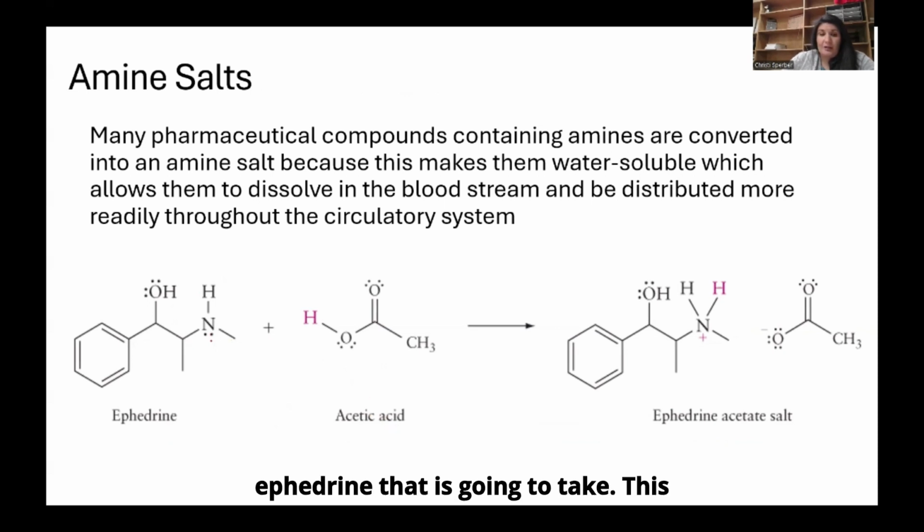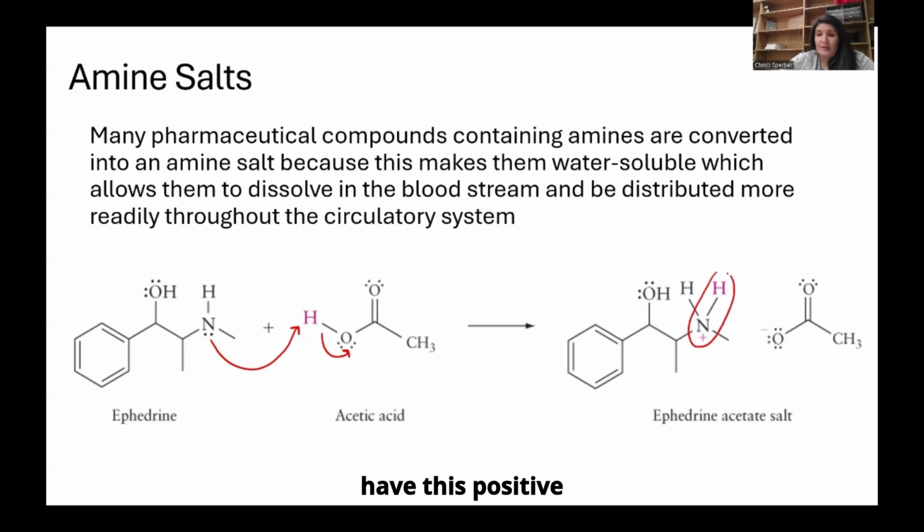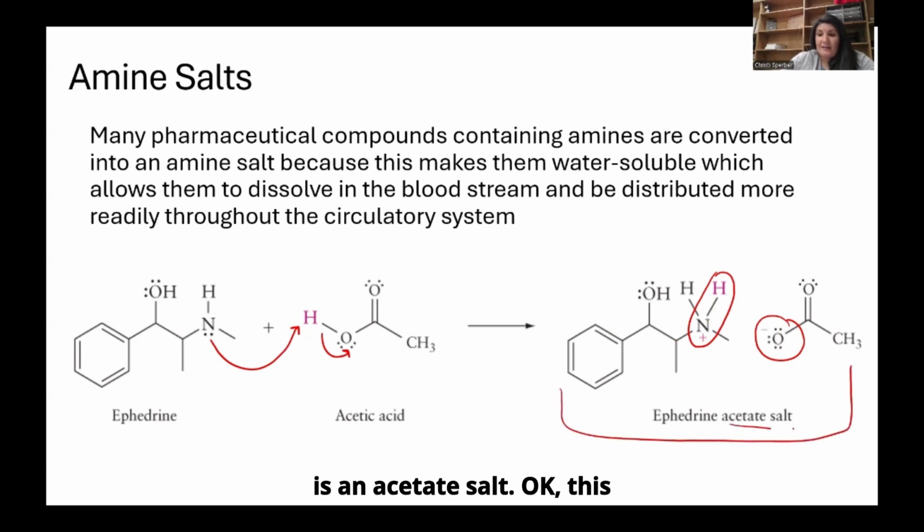Your ephedrine is going to take this hydrogen, and now you have this positive nitrogen and this hydrogen and a negative acetate ion. This right here is an acetate salt. Okay, this is a salt. So they're ions, and you've created your conjugate acid and your conjugate base.